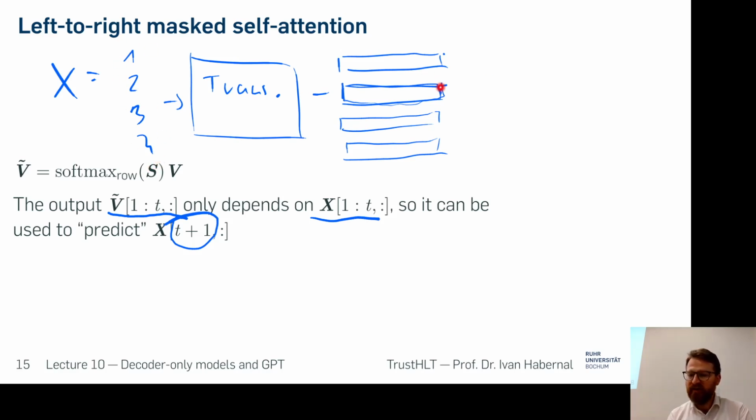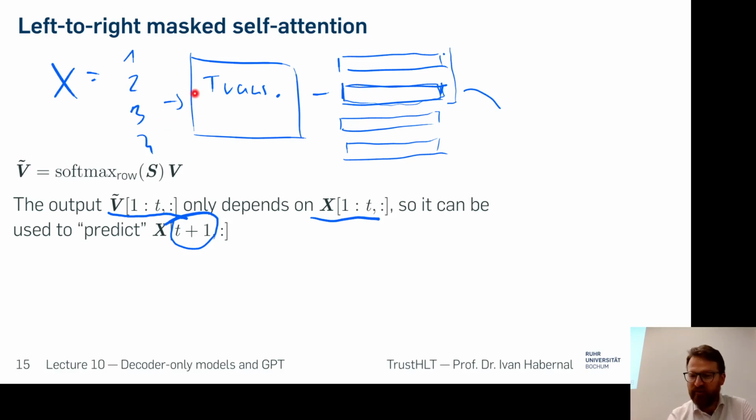So if we say, okay, from these two inputs we want to generate the next word, the probability of the next word, it would be cheating, because here we are actually looking to the future. This embedding already knows what's coming after, so it makes no sense to predict.